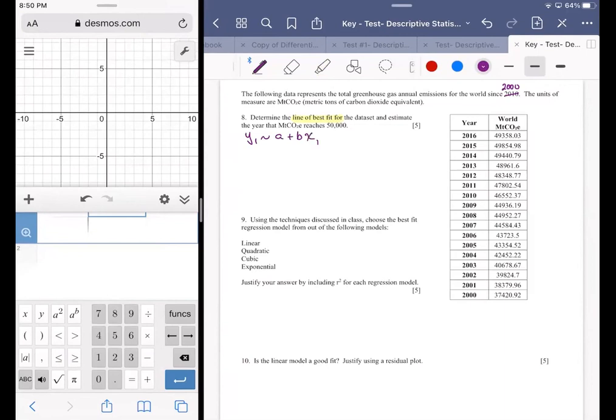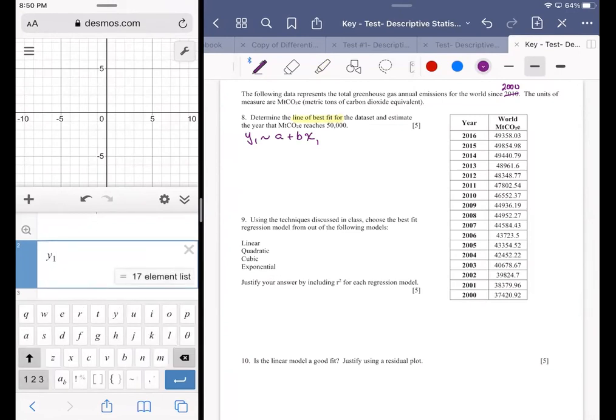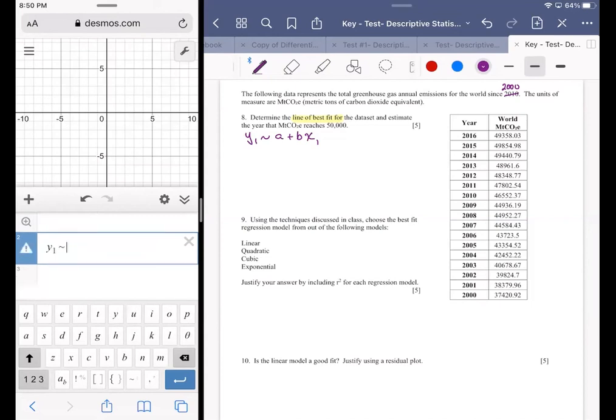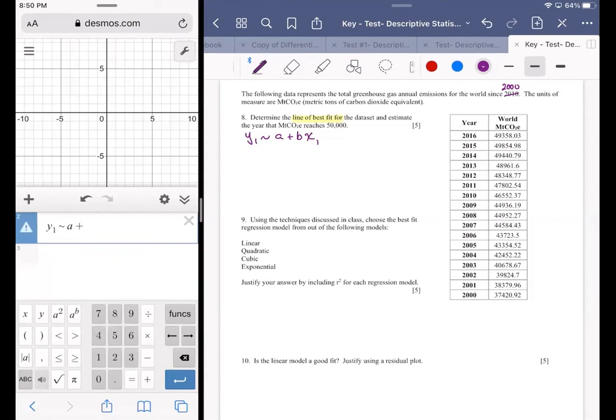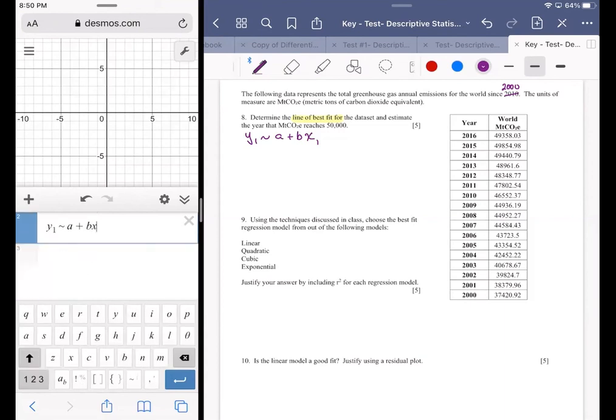All right. So this is the line of best fit. So y1 tilde a plus b x1.